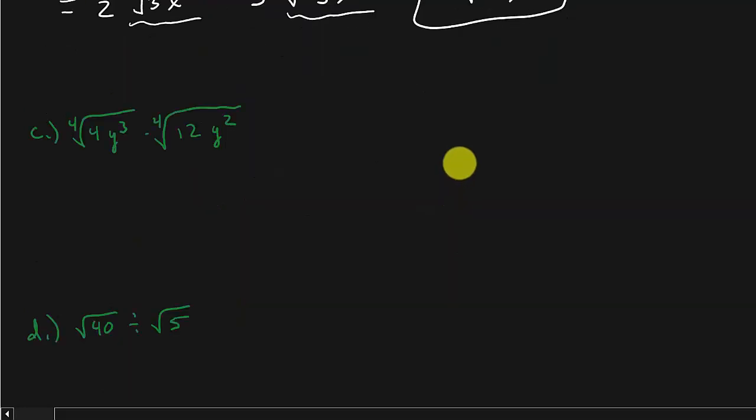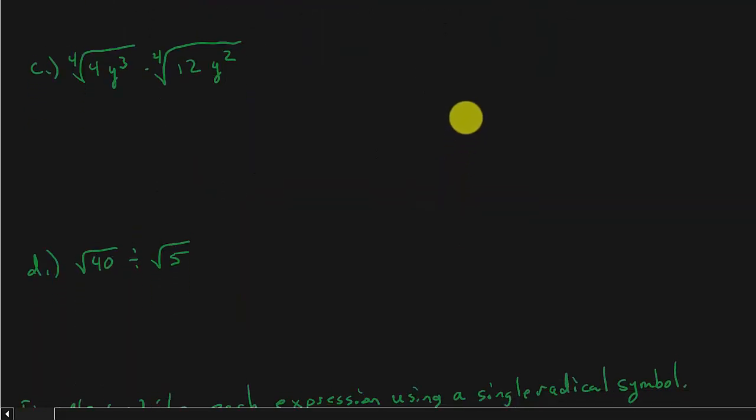All right, let's look at this next one. I've got the 4th root of 4y cubed times the fourth root of 12y squared. Now, this time I'm not adding or subtracting, I'm multiplying. Well, in order to multiply, your indexes have to be the same.